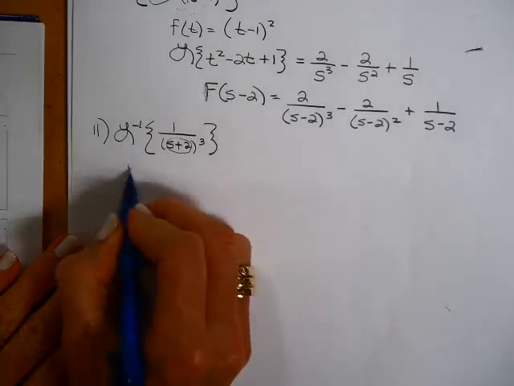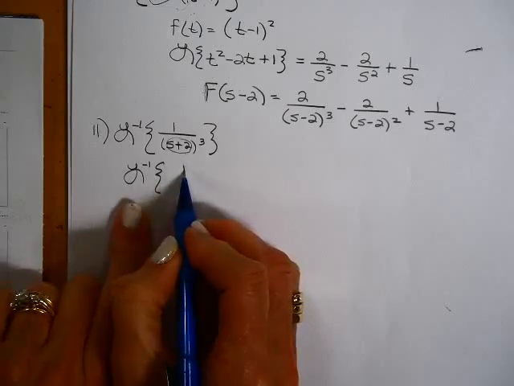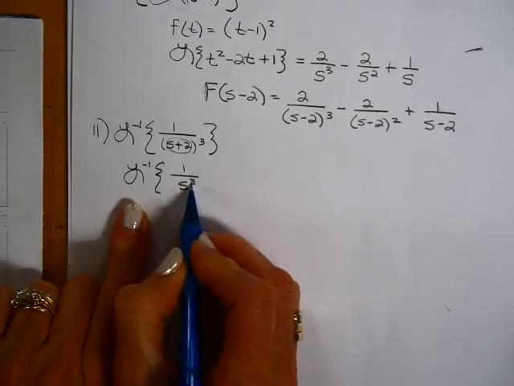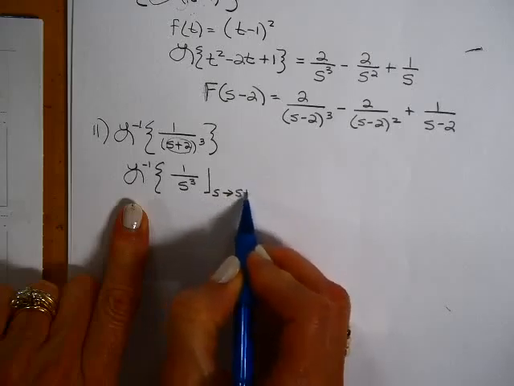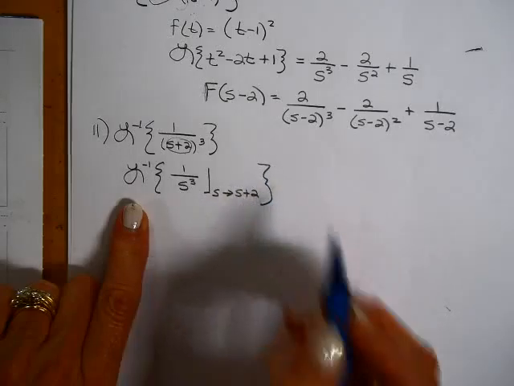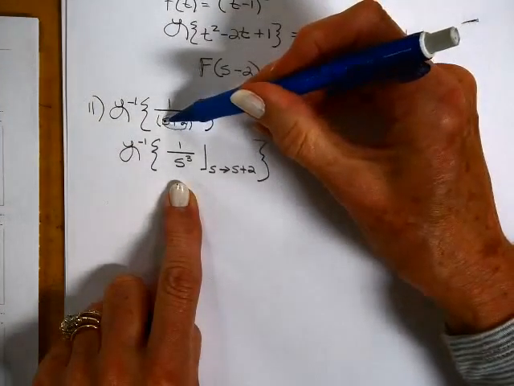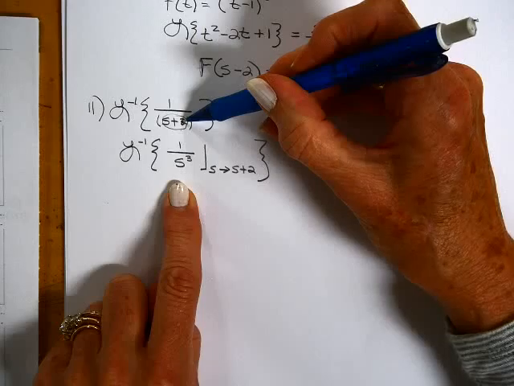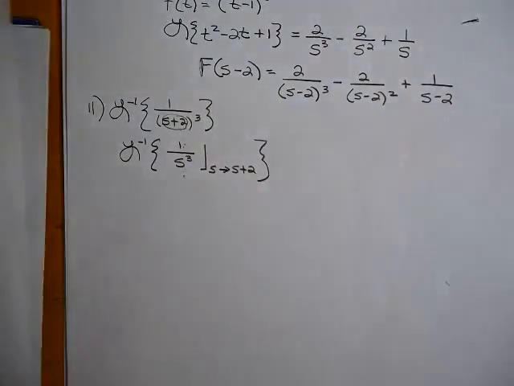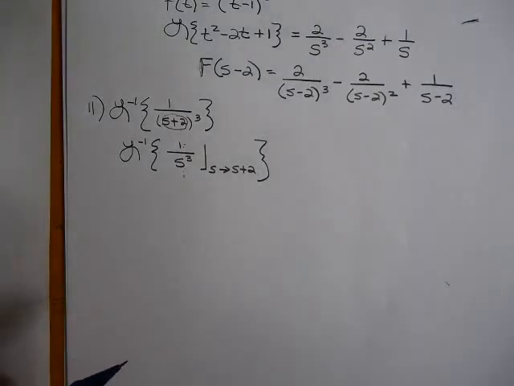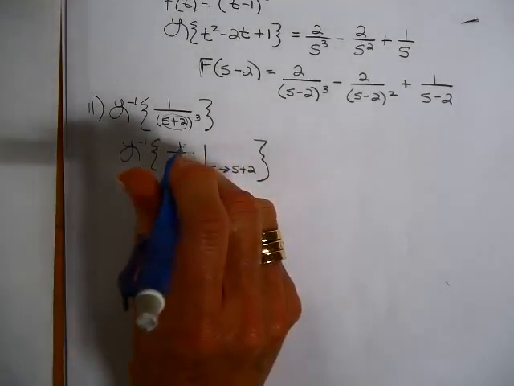Okay, so what you're actually going to do is evaluate the inverse Laplace transform of 1 over s to the third, but there was a shift from s to s plus 2, and this may help you keep track of everything if you write down what you're doing. This represents the shift. The inverse Laplace transform of 1 over s to the third. That is, right, and then it's going to have a, don't I need a 2 on the top?